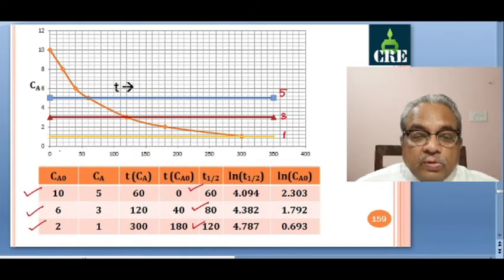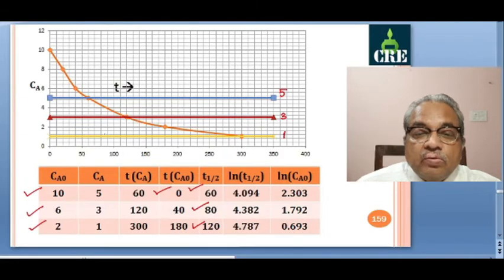Now the time required to reach half of this value, in each case we will see that. For CA is equal to 5, this value is 60. Then CA is equal to 3, from here you have to read, this is 120. CA is equal to 1, from here this is 300. Okay, so the corresponding value of t half.